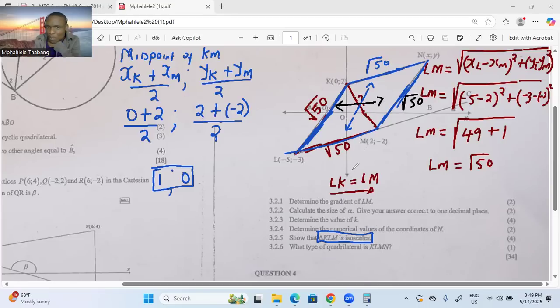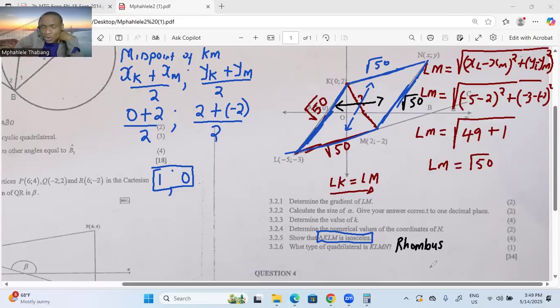And what type of quadrilateral is it now? This quadrilateral, I believe, is a rhombus. A rhombus is a quadrilateral which has all sides equal. But another type of quadrilateral that has all sides equal is a square.